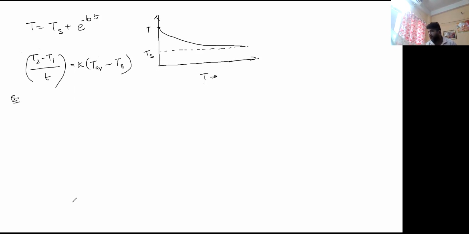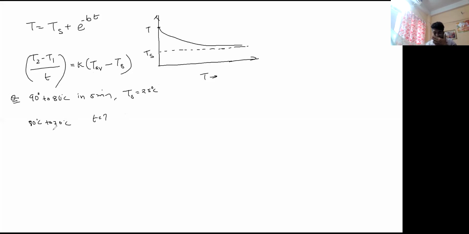The temperature of a body falls from 90 degrees centigrade to 80 degrees centigrade in 5 minutes, and the surrounding temperature is 25 degrees centigrade. What is the time taken to fall the temperature from 80 to 70 degrees centigrade?